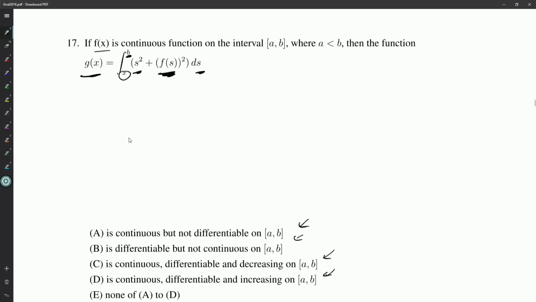Okay. So, what can we do? Well, s squared and f of s all squared. This is definitely still a continuous function, so we can integrate a continuous function.